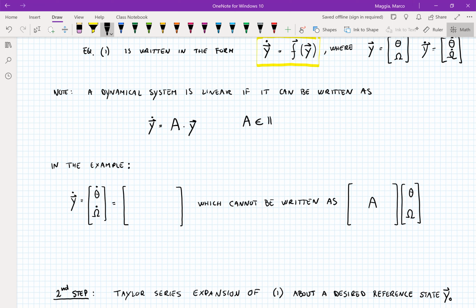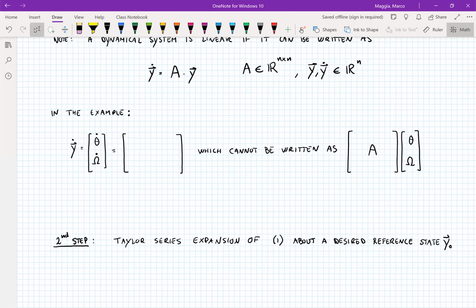Formally, A belongs to the space R n times n, and both y and y dot are vectors, so they belong to R n. So in this example, we have that y dot is equal to omega and minus g over L sine of theta. Clearly, this cannot be written as a matrix times the state vector because of the presence of sine of theta.